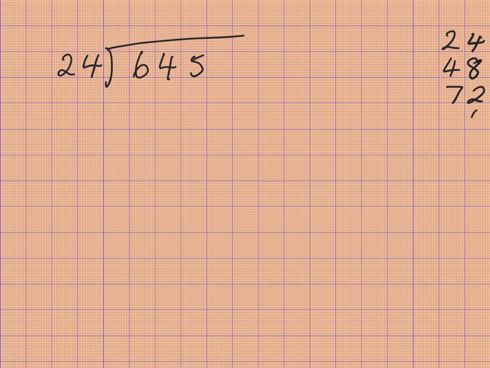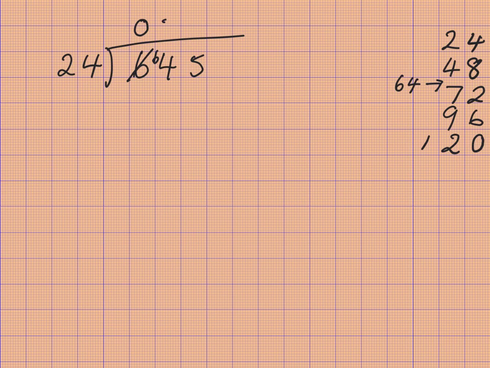Again, it helps if I write things out properly. 96 plus 24 is 120. And I'm going to stop there for now because 5 might be enough for me to get on with. So 24 into 6 goes 0 times, carry the 6. 24 into 64, 64 would be here.